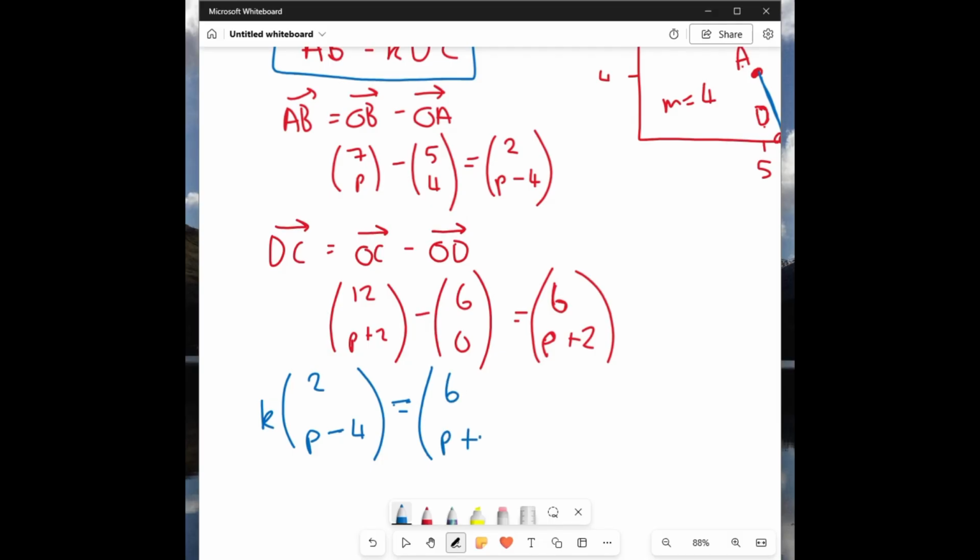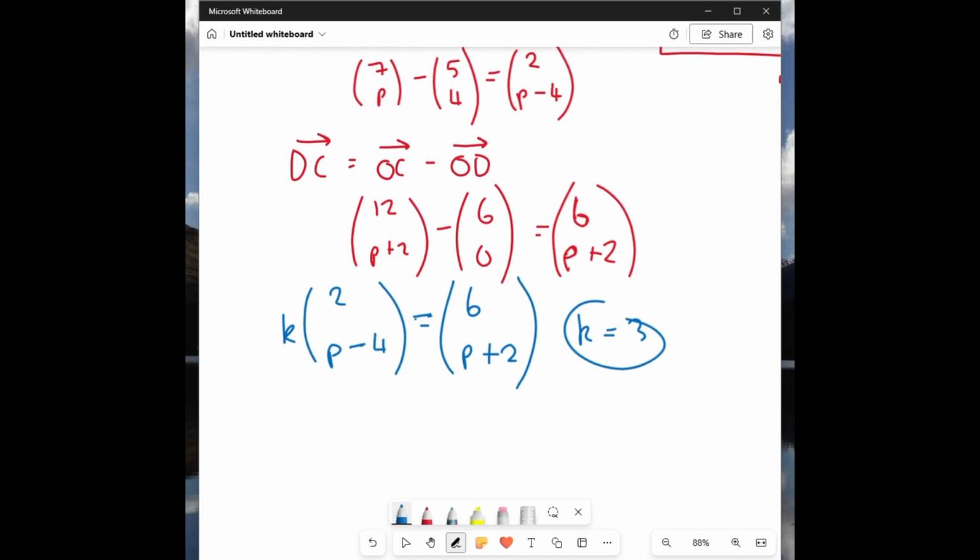So that must mean that K is 3 for the top bit to make sense, because we can say this, can't we? That would be the same thing as 2K, and then K lots of P minus 4 is equal to 6 lots of P plus 2.